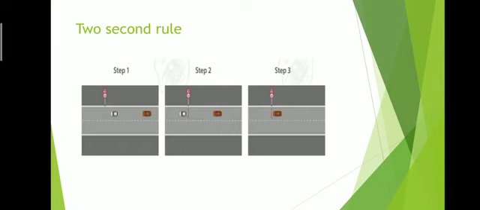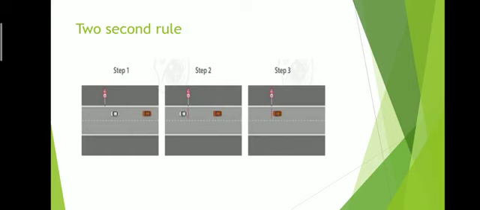2 second rule. The 2 second rule is basically a reference point. From the back of the car in front to the front of your car, you have to calculate the time. How will you do this? In step 1, you observe the car as it reaches the reference point. In step 2, when the back of the car has reached it, you start counting seconds: 1 second, 2 second.